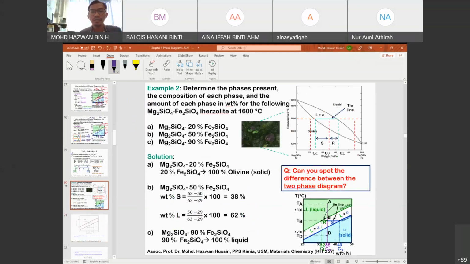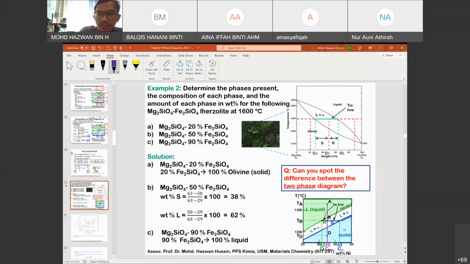So you can look at this example, example 2. Determine the phases present, the composition of each phase, and the amount of each phase in percentage weight for the following: magnesium sulfate, iron silicate, at 1600 degrees C. So this is the given phase diagram.